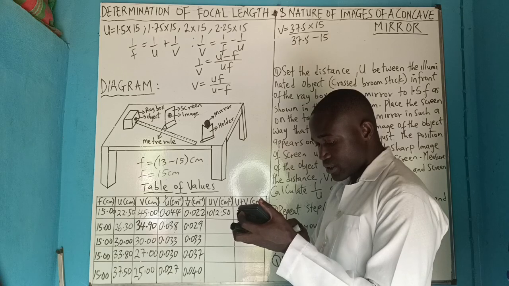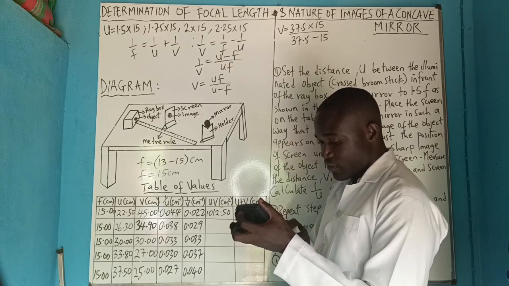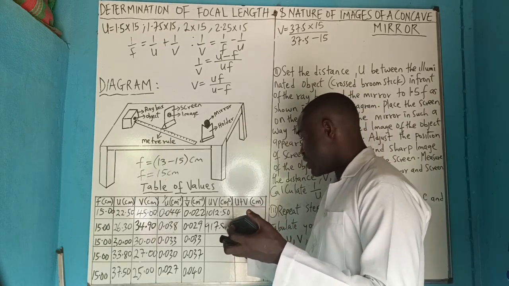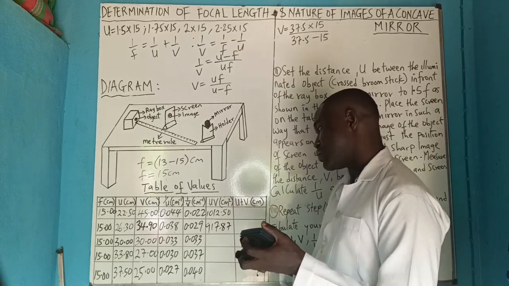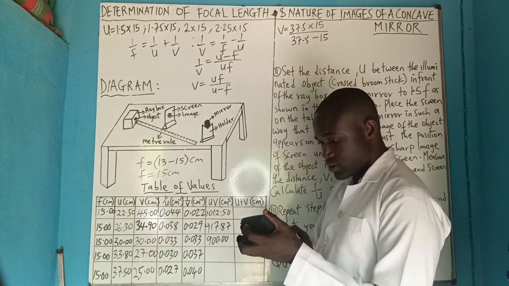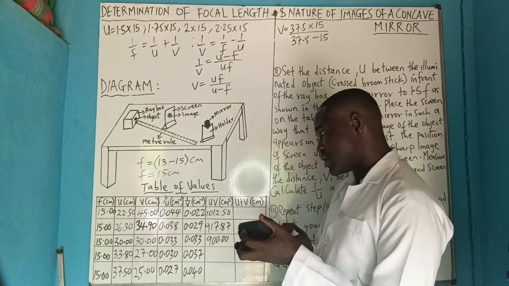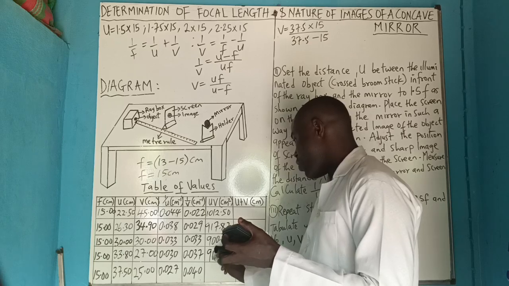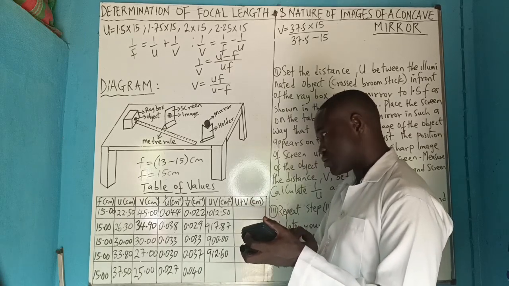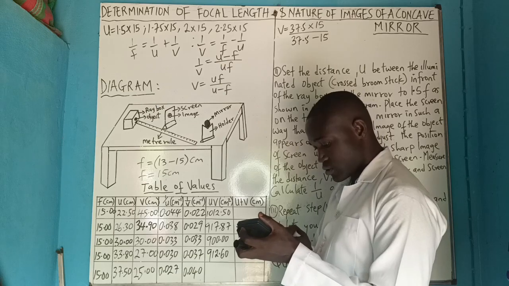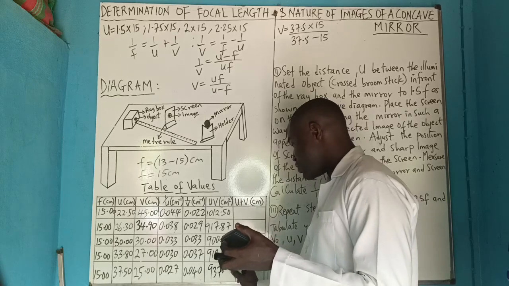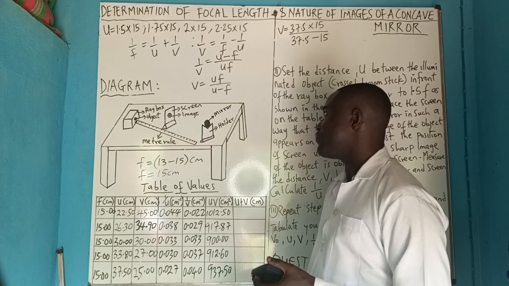Then 26.3 times 34.9 is 917.87. 900.00 times 27 is 912.60, then 937.50. So we have gotten our UV as well.